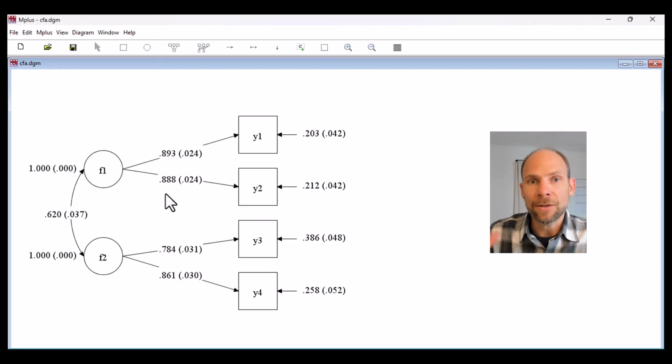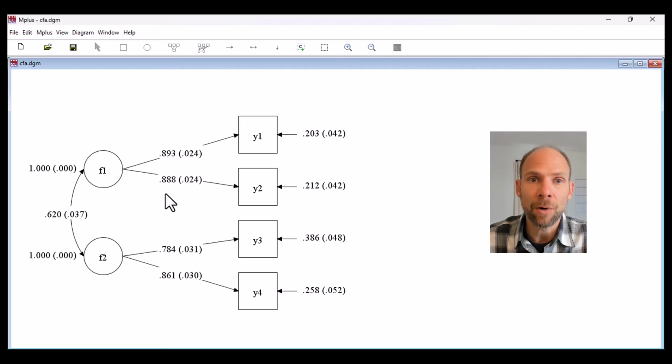So this could indicate a lack of validity and or a lack of reliability of the indicator as a measure of the factor in question here. And that's why we typically desire to see loadings that are close to 1, above 0.8 maybe, above 0.9 would be even more fantastic.